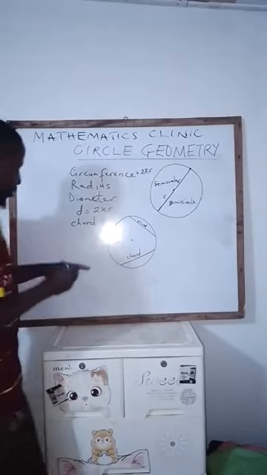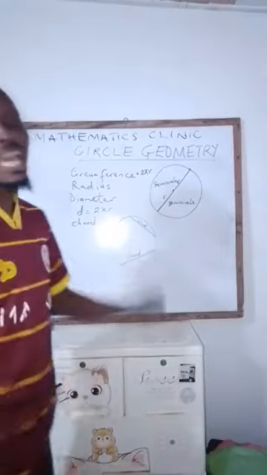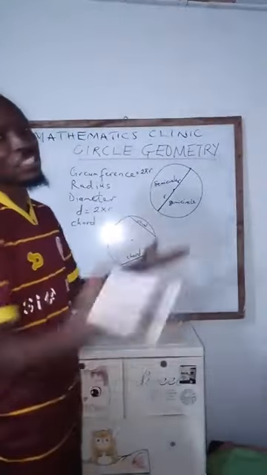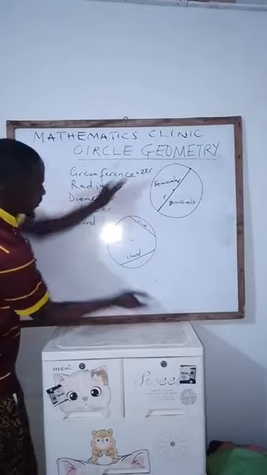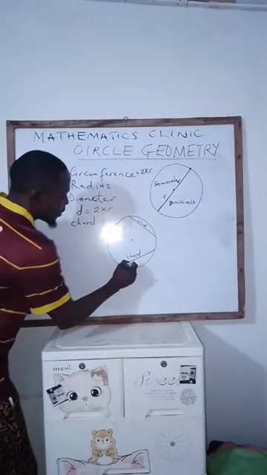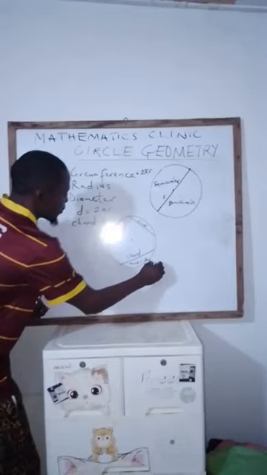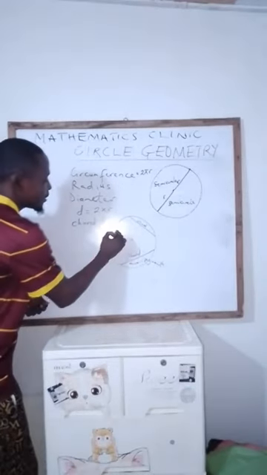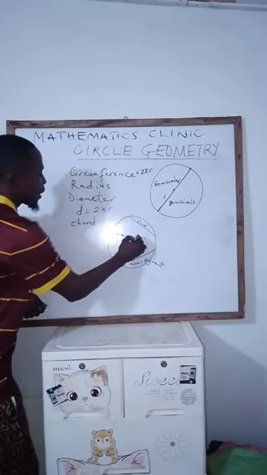Another layman's definition we can give a chord is a line that divides a circle into two segments. For instance, it divides the circle into two parts. The smaller part is a minor segment, while the bigger part is a major segment.